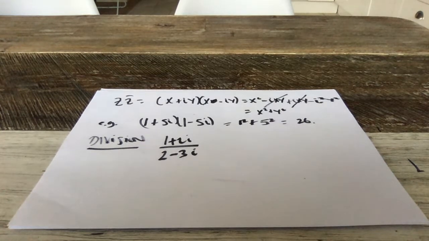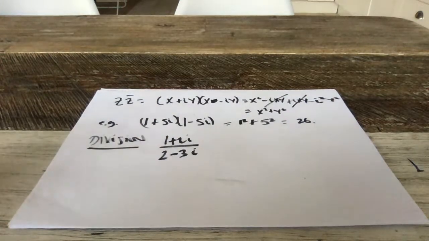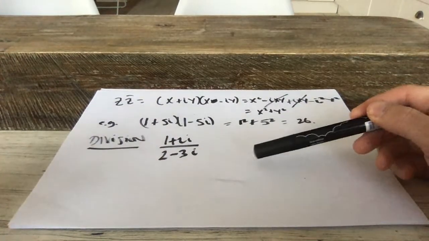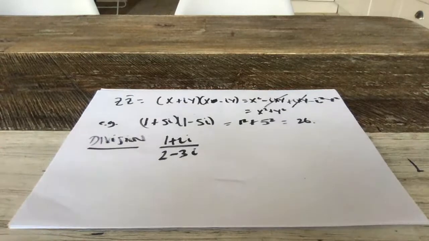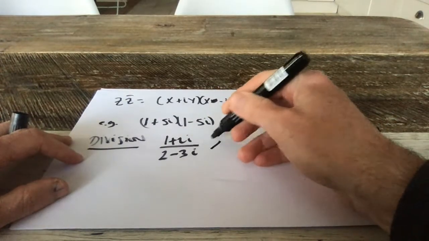Now, the way you do this, and it's not obvious at all that this is what you do, but I don't know if you remember this from secondary school, you multiply above and below by the same thing. If I've got an expression and I multiply it by something over the same something, I don't change the expression. There's a reason why you do this, as we'll see in a second.